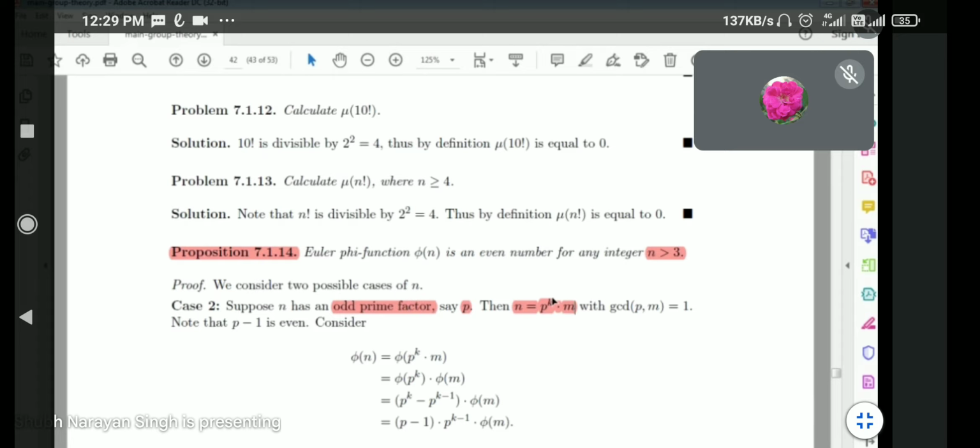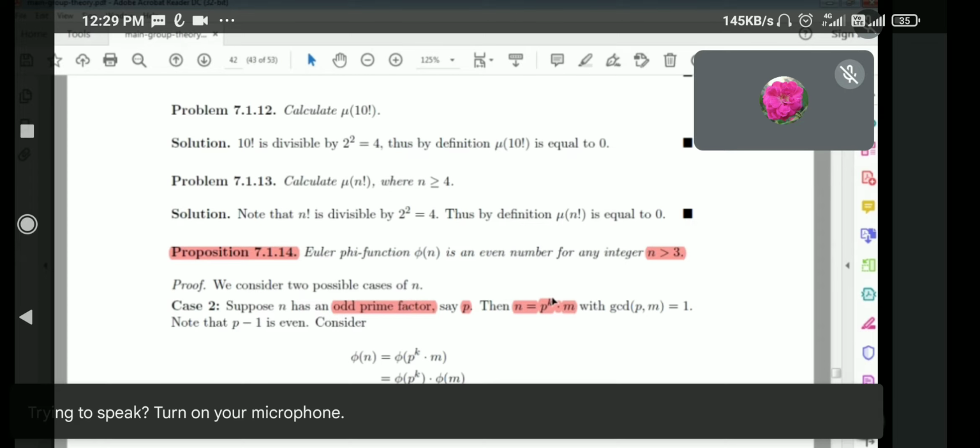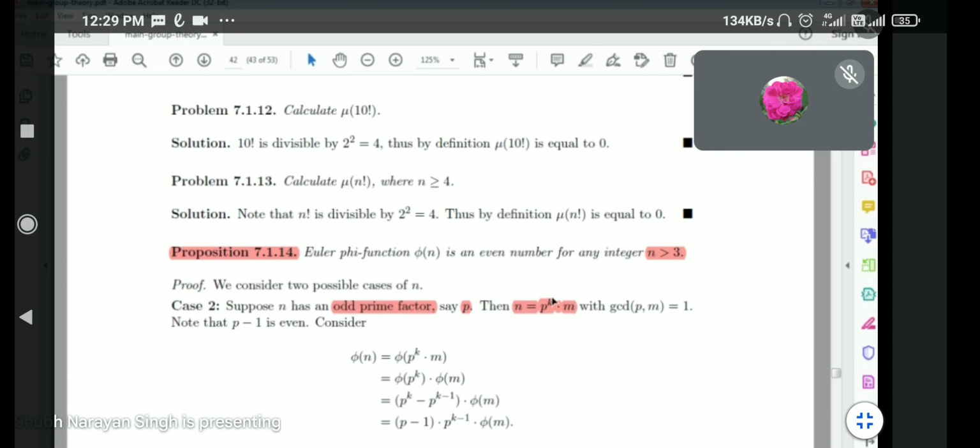That means 5 is an odd prime factor, and we can write 100 as 5 square into 4.